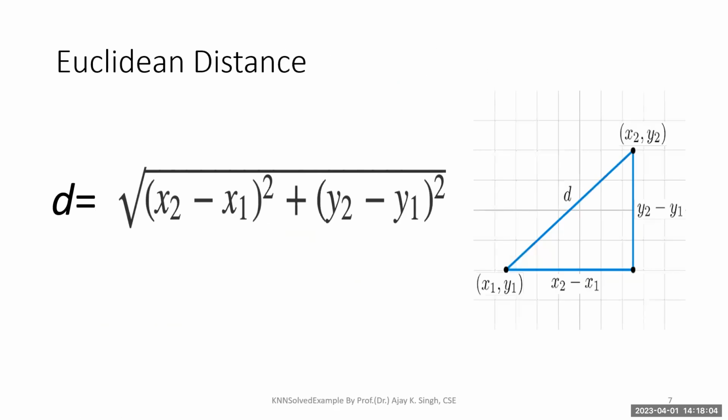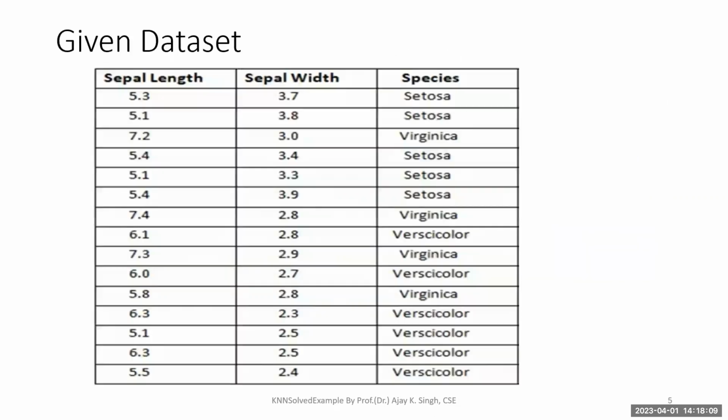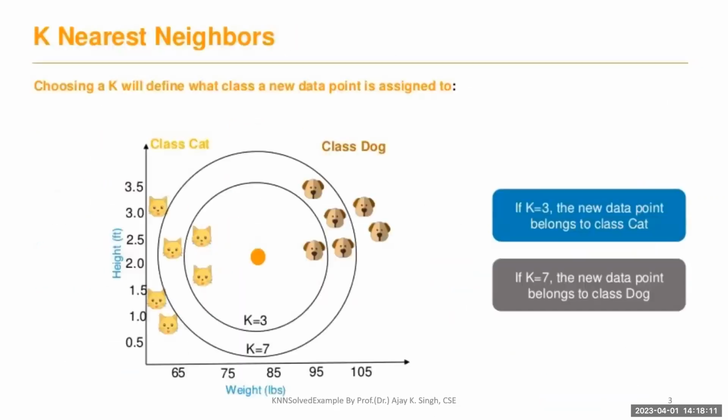For solving this problem, we are supposed to find the distance, to see which points are nearest, because we want to calculate the 3 nearest points. Many types of distance are there, like Minkowski distance, Manhattan distance, and Euclidean distance.